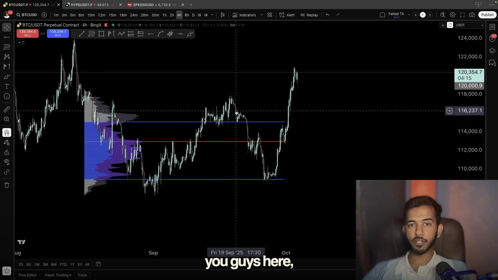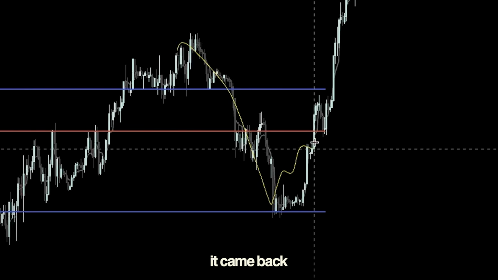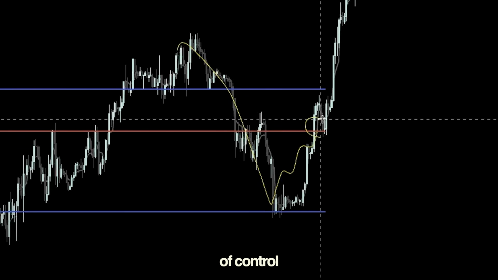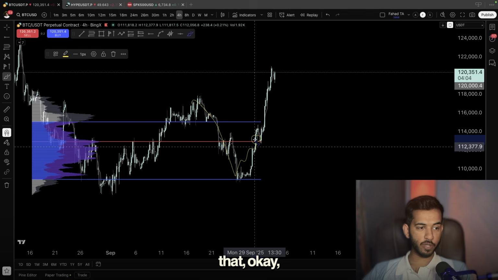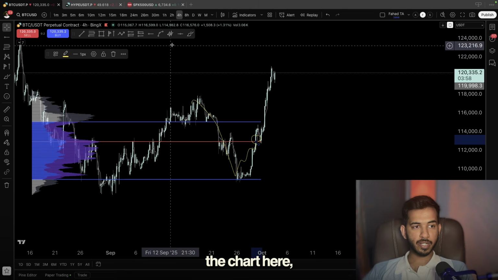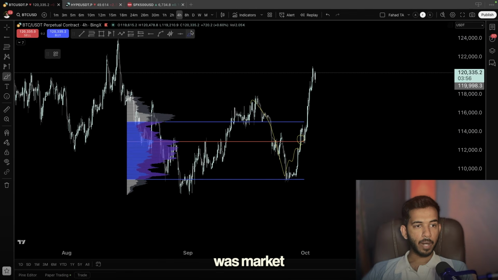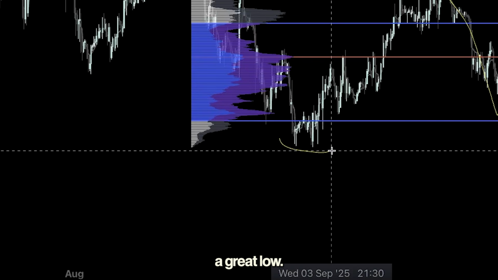So just to explain it to you guys here, what used to happen was price was dumping. And as soon as it came back to the point of control level, I would usually just blindly short it, assuming that okay, we have a great market structure and all those random things. But that was not the reality. If you just look at the chart here, the market did make a great high, the market did make a great low.